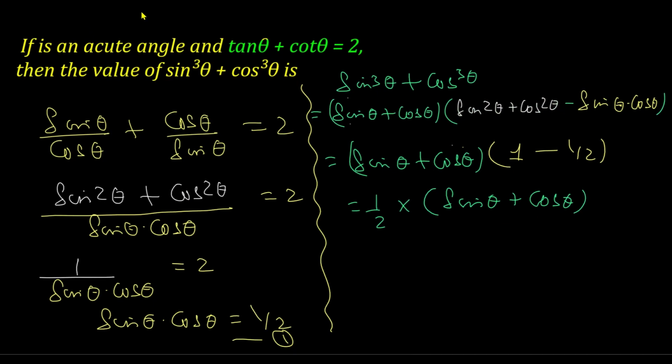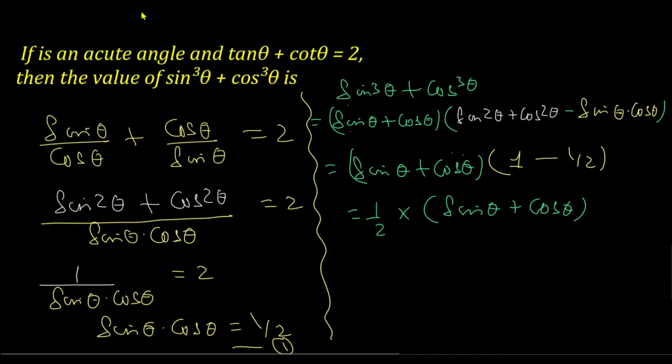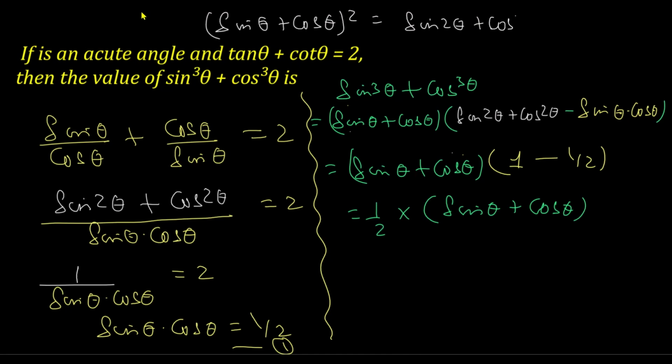For doing this, I'm going to write down the formula of a plus b whole square. I'm going to write the formula of sine theta plus cos theta whole square. So this is a square, which is sine square theta, plus b square, that is cos square theta, plus 2 times sine into cos.